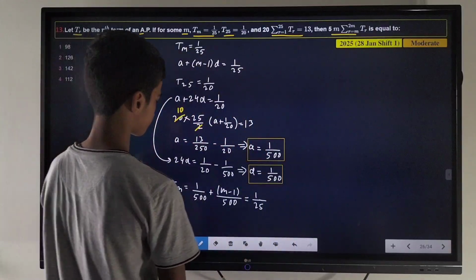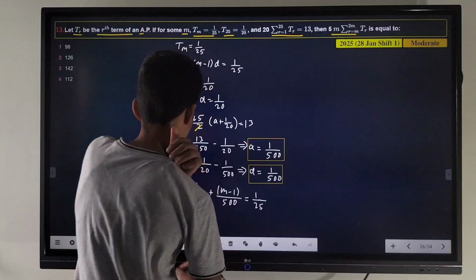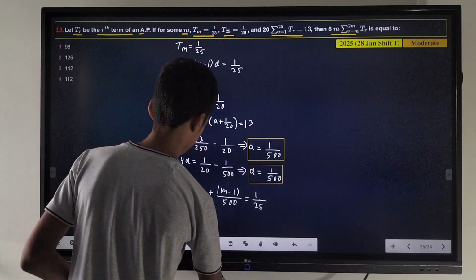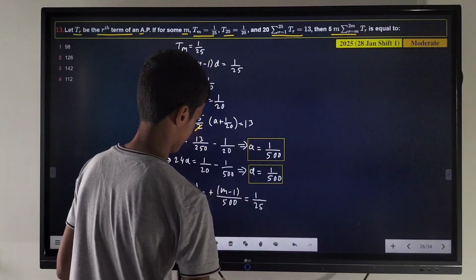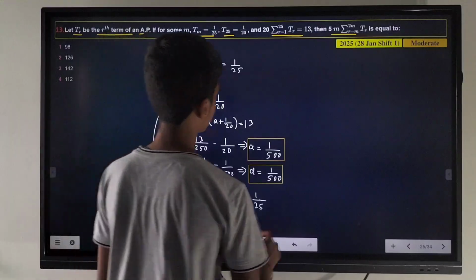From here we will get M is equal to 20. Yes, our M is equal to 20.